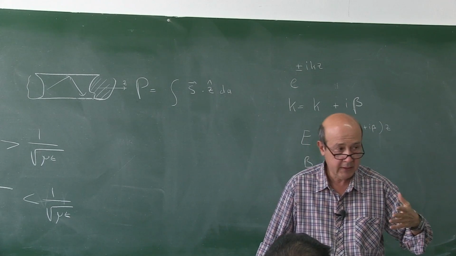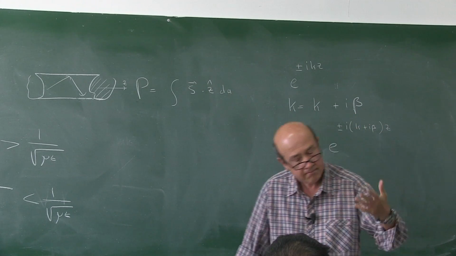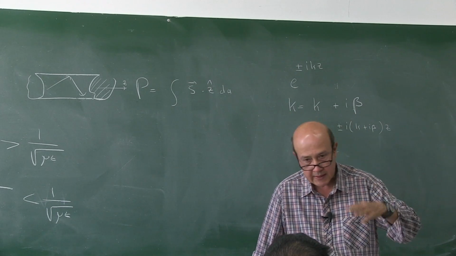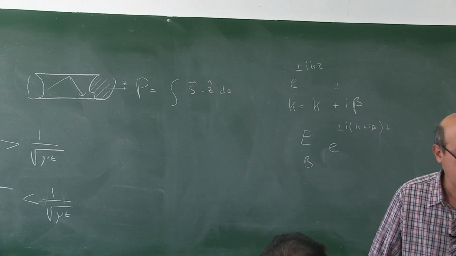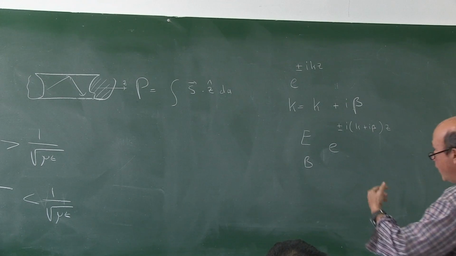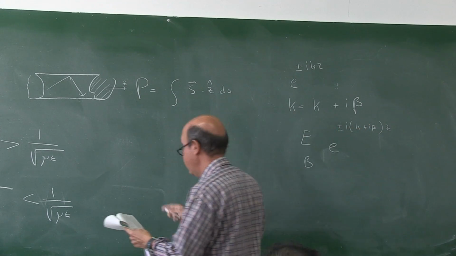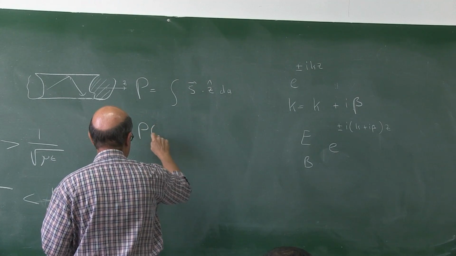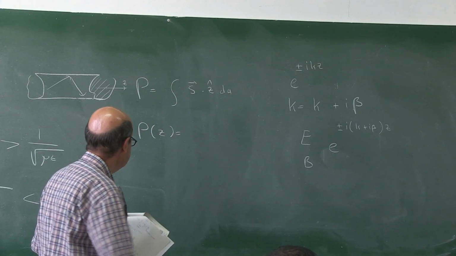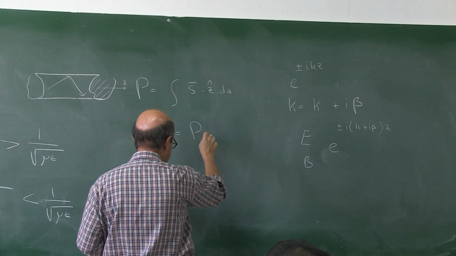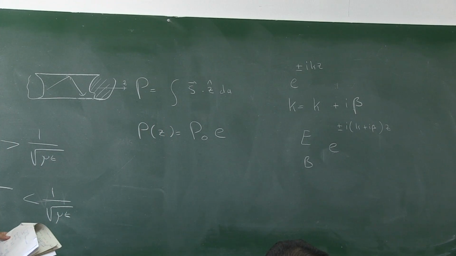Energy density, in terms of the fields, is the square of the amplitudes, E square or B square. So basically, your transmitted power as a function of z should be proportional to some initial power times an exponential.